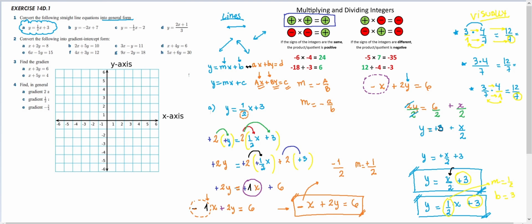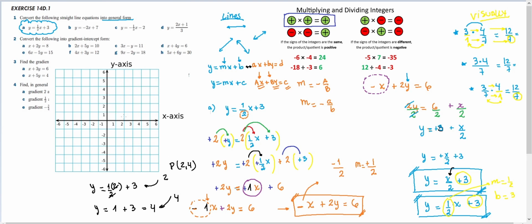Because I want it to be divided by 2 to get rid of that. Look, y equals 1 over 2 x plus 3, so y equals 2 divided by 2, it cancels out. So it gives you just 1 plus 3, which is 4. So when you plug a number 2, you get a number 4. So your point is 2, 4.